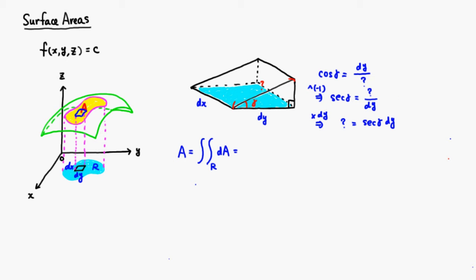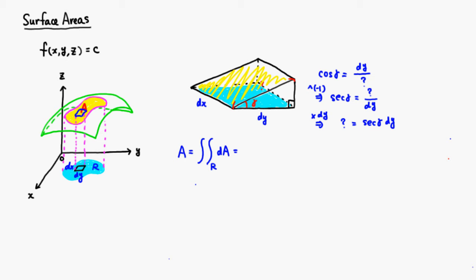So if we are interested in the area here, dx stays the same, and this side is going to be a little bit longer, so you multiply by secant of gamma.